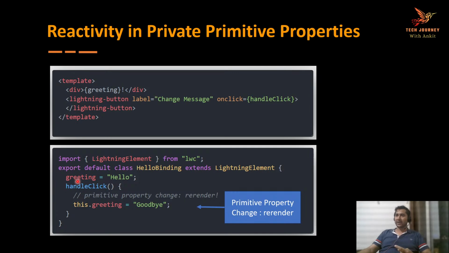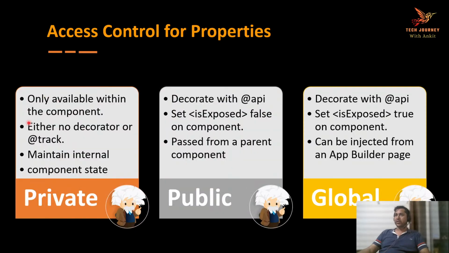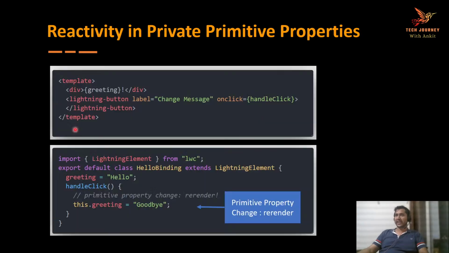Now greeting is which property here? It's a private property. Why private property? Because this is not decorated with any decorator. That's why we can say that greeting is the private property. And you can directly access the data from the private property in the HTML file.